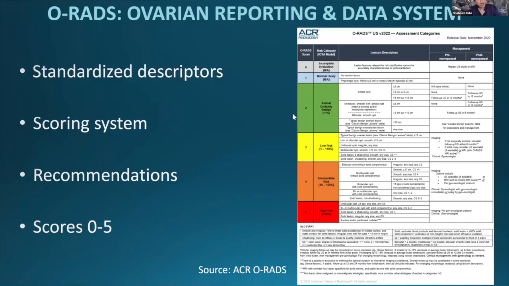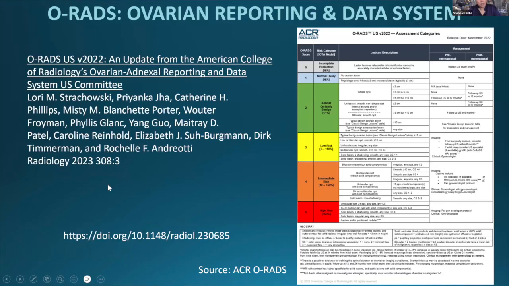Based on those features, it assigns adnexal lesions a scoring system that runs from 0 to 5, and then it provides management recommendations based on the findings. Again, this is a terrific resource from Radiology 2023 for O-RADS ultrasound version 2022.